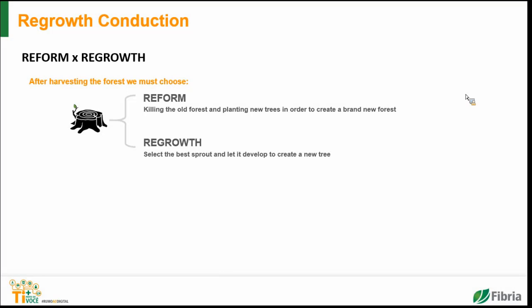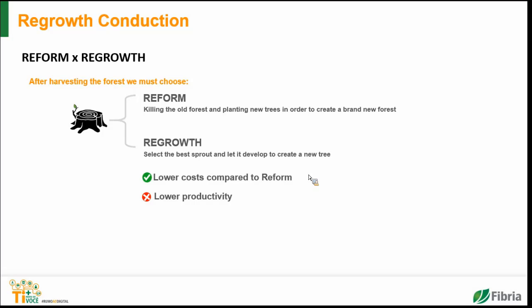But we have a lot of things that avoid this kind of practice in some cases. As a positive aspect, you have the lower cost compared to the reform, and as a bad aspect, you have lower productivity.